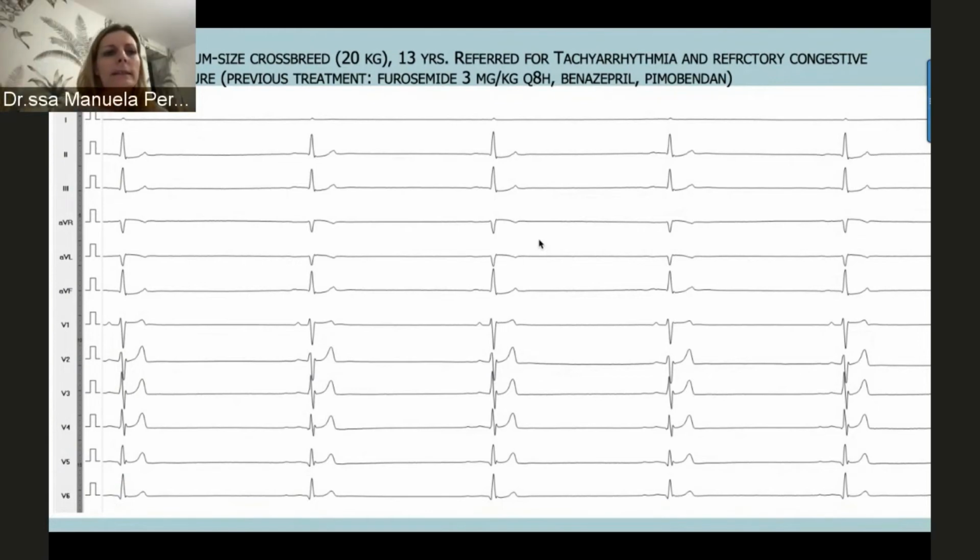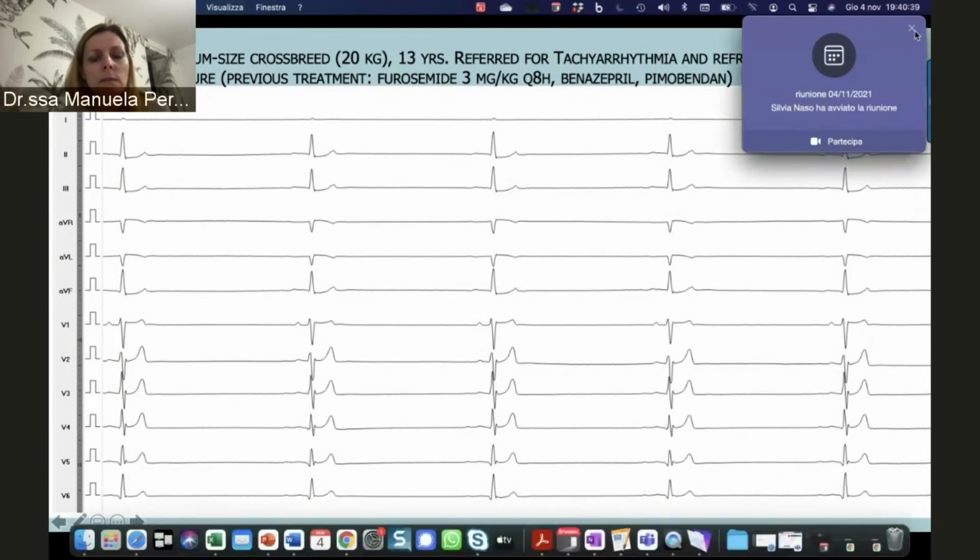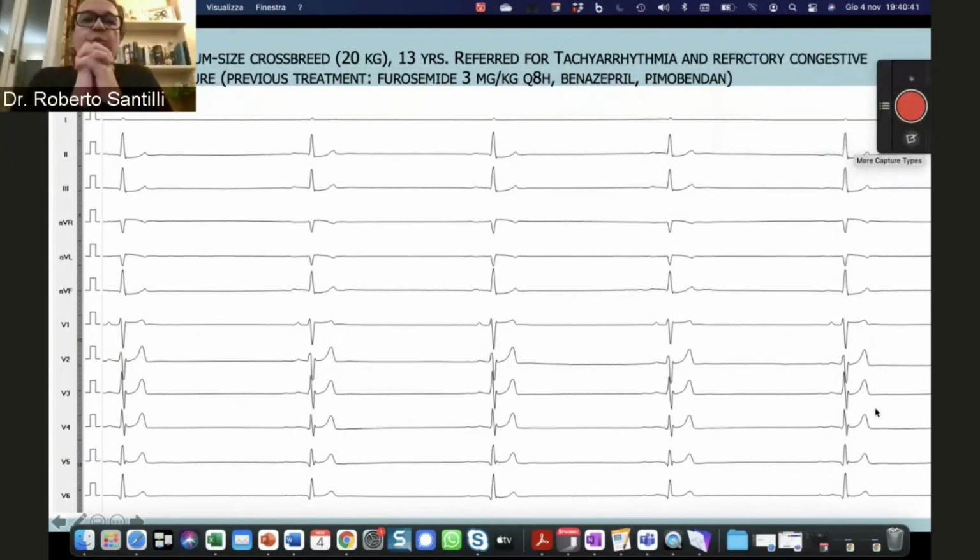Okay, and about case 1 again, Dr. Ang is asking, with this high dose of diuretics, do you worry about renal function and hypokalemia, when the diuretics are used together with digoxin? Okay, that's a good point.